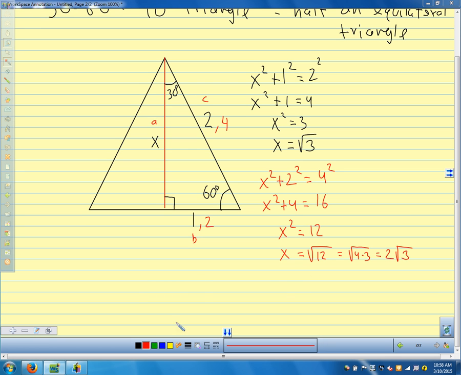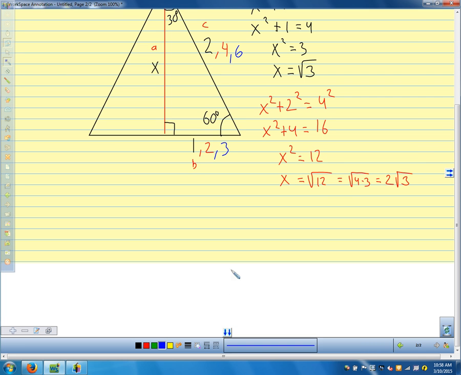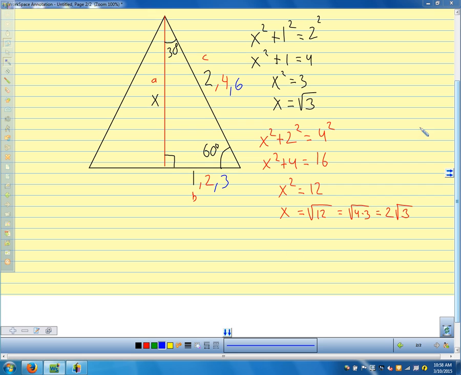And let's do it one more time, and I think we'll see the pattern. Let's do this as 6. That makes this side how long? 3. Right, so the hypotenuse is always twice as long as this piece of the 30, 60, 90 triangle. And we'll do our Pythagorean theorem again. X squared plus 3 squared equals 6 squared.